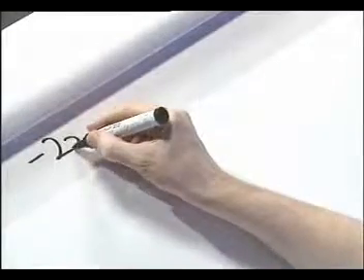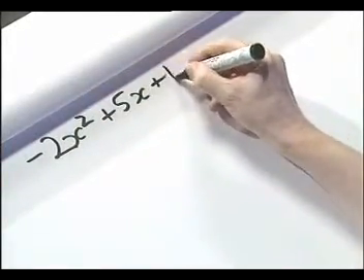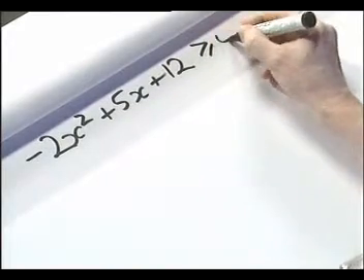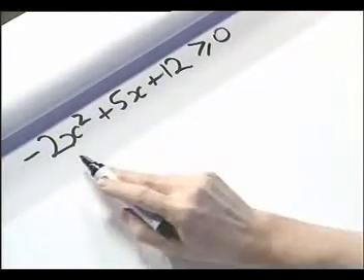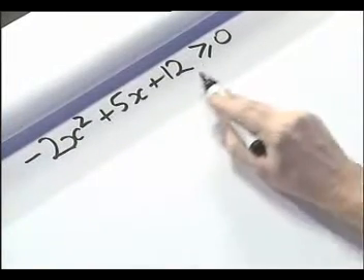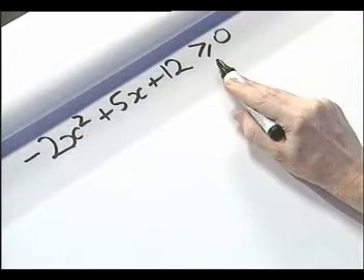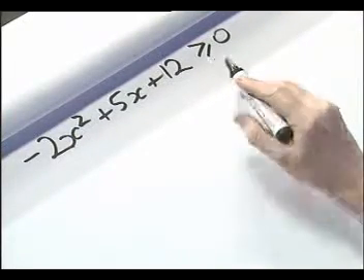Here's another quadratic. Minus 2x squared plus 5x plus 12 is greater than or equal to 0. I don't like having a negative coefficient of x squared, so I'm going to multiply this whole thing through by minus 1, remembering to change the direction of the inequality as I do.